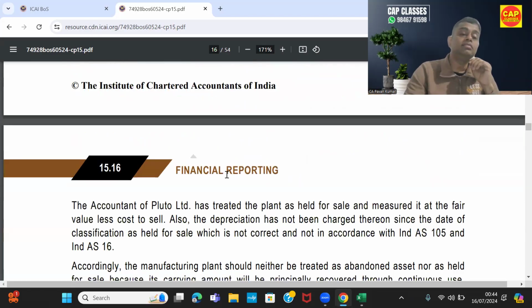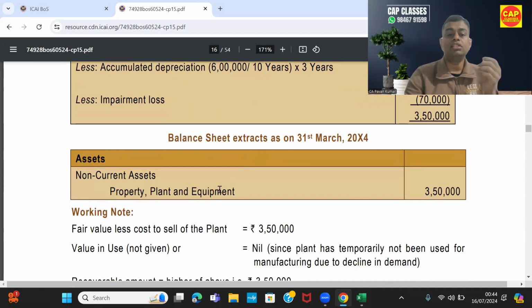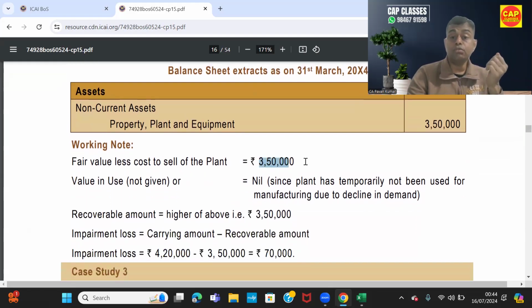Then what you write, after a lot of theory: purchase price 6 lakhs, accumulated depreciation 3 years, 1,80,000, 4,20,000, impairment loss 70,000, carrying amount 3,50,000, in balance sheet under non-current assets, property, plant and equipment. Then for impairment loss, they have given fair value 3,50,000, value in use not given.